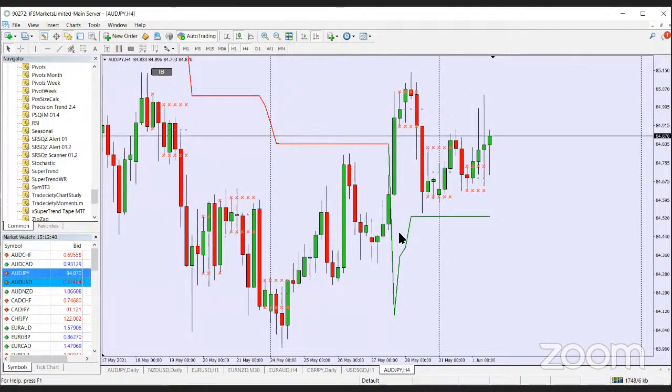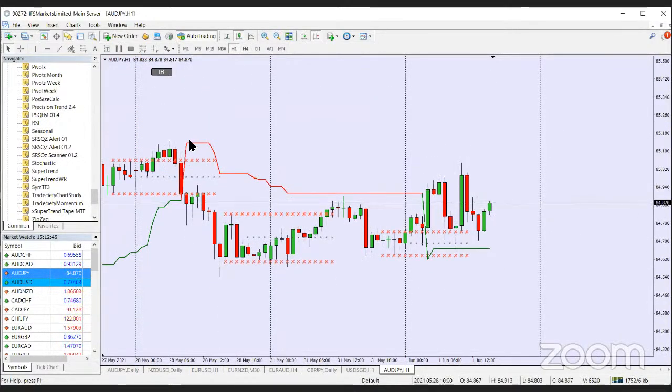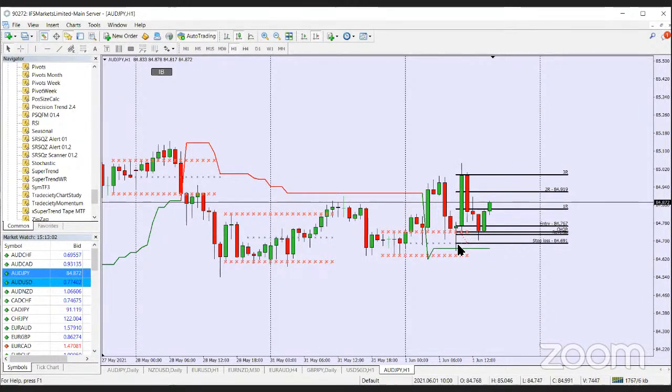So going down to H1, originally the Super Trend is red until much later when Super Trend turns to green. Same thing, you see a breakout, a retest happens when Super Trend is green. We can do a market entry. My stop loss will still be at the midpoint.